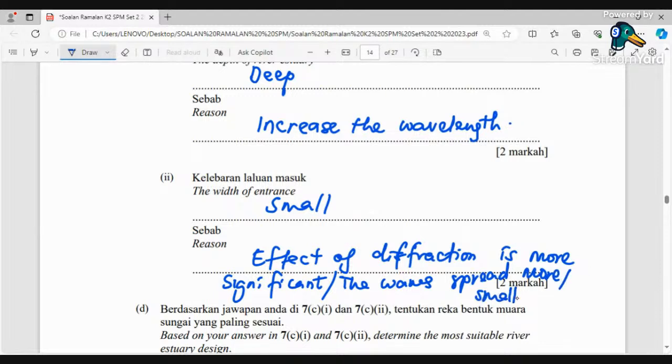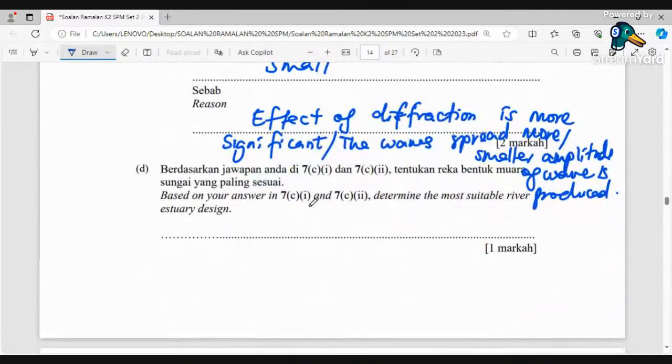Smaller amplitude of wave is produced. Okay, bagilah jawapan yang sesuai. Okay, so based on your answer, mana yang sesuai? So R, tulis ya R.